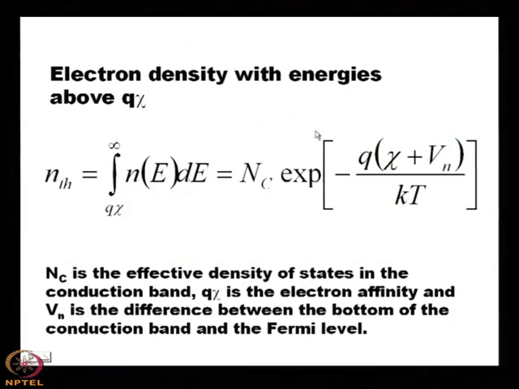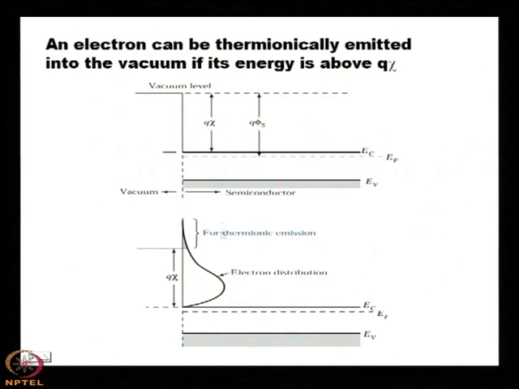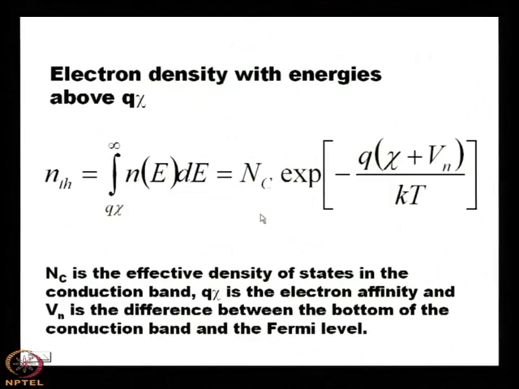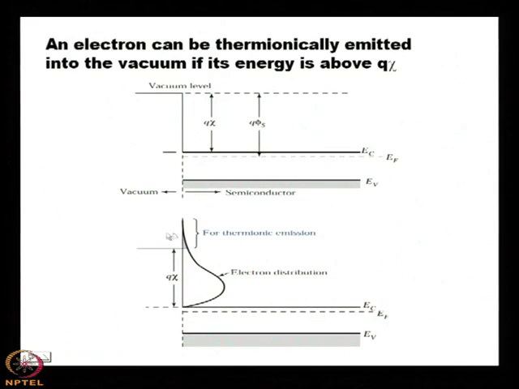And the electron density, we have seen that this is the electron distribution. This electron density can be calculated by this integration, where the lower limit is chi and the upper limit is infinity. Because the lower limit is chi and upper limit is infinity, only those electrons will be available.